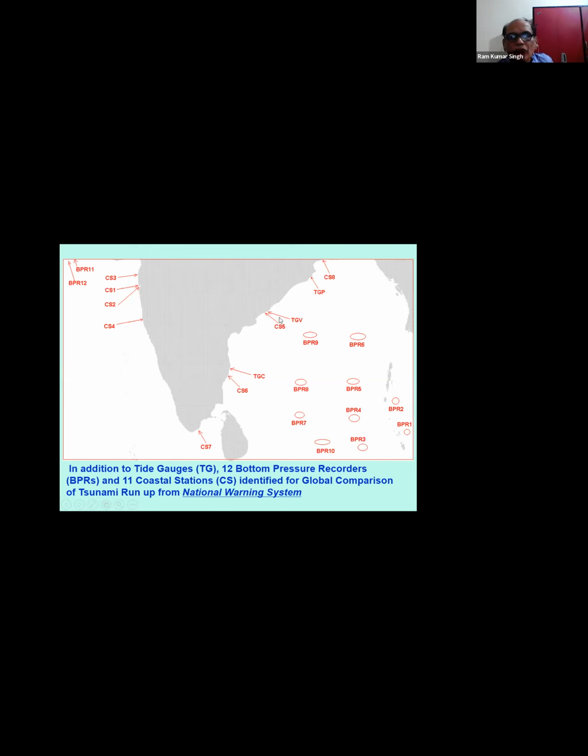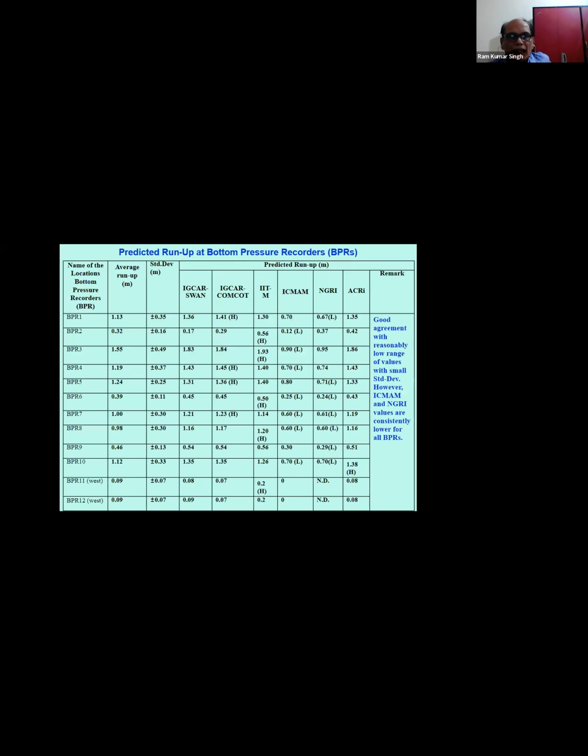And then we already have tide gauge data at Vizag and some at Chennai and so on. So with all this arrangement, the tsunami warning system is in place, and it got commissioned in 2007. After that, there was an event of a submarine earthquake that got recorded by this warning system. I will explain about that at the end.